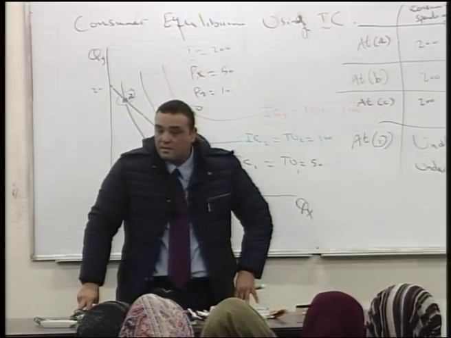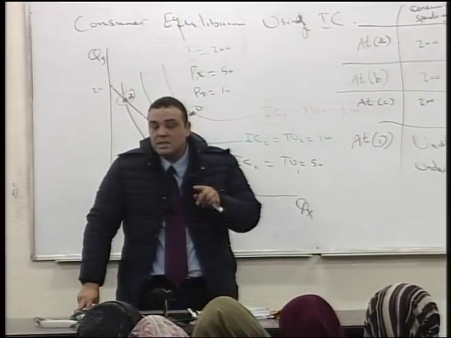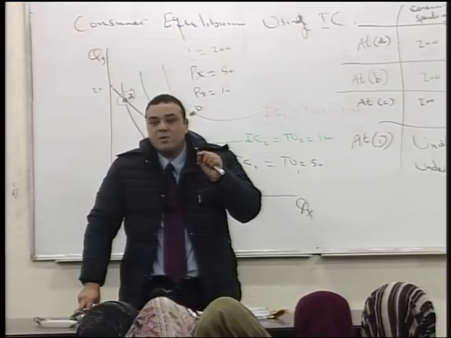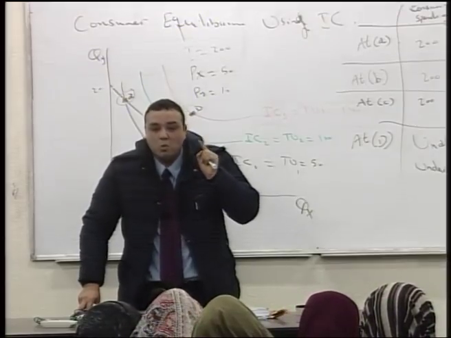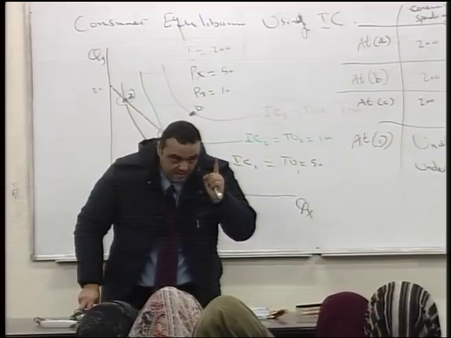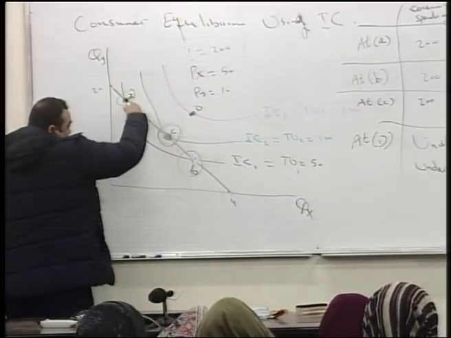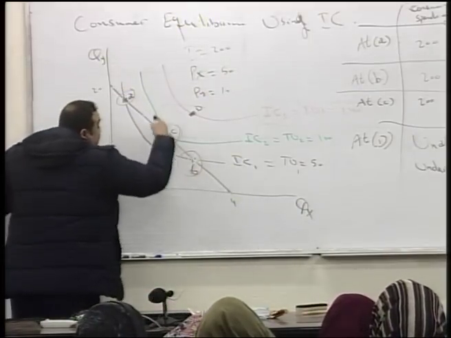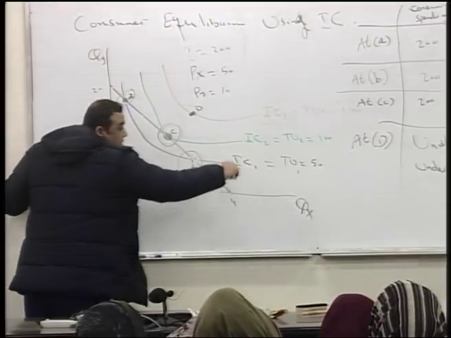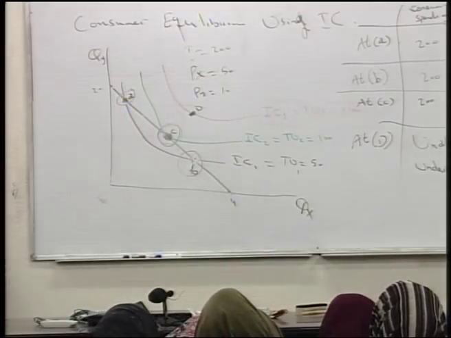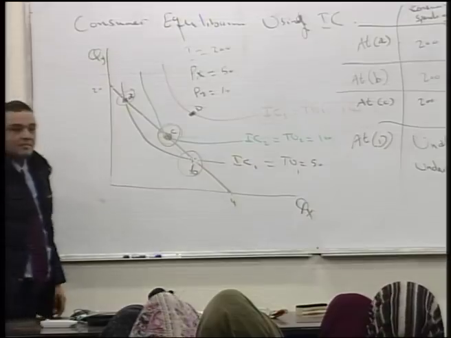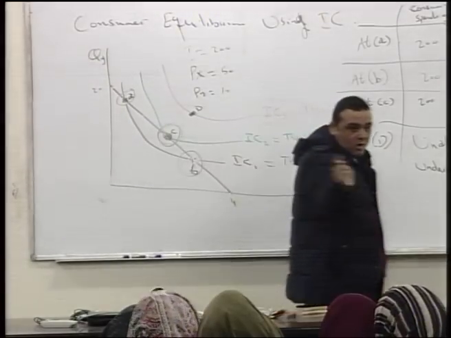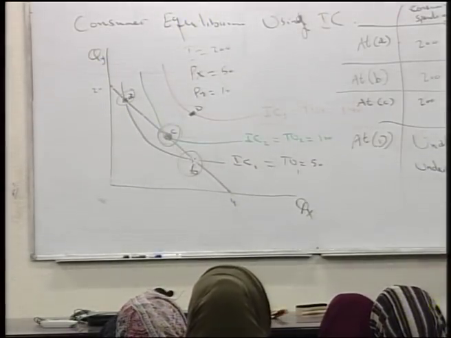All right? تمام? So, the optimal point is the point at which the budget line tangent the indifference curve. Tangent تماس مش كروس, وهذا كلكم توقعوا فيها في الامتحان. أنا متأكد راح توقعوا.